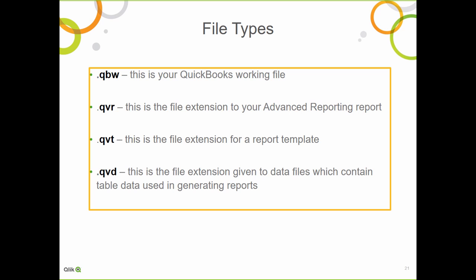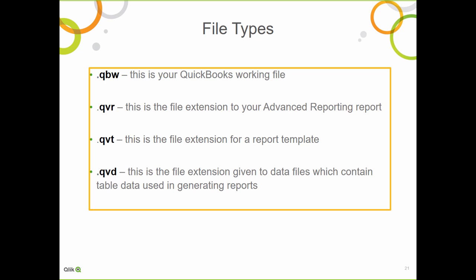The QVR file, this is an extension for your advanced reports that are used when you import and export. So when you export a report from QuickBooks Advanced Reporting, it's going to have a QVR file extension. When you go to import it, you'll be looking for the QVR wherever you've stored it.